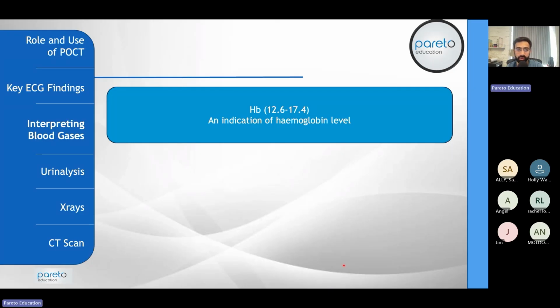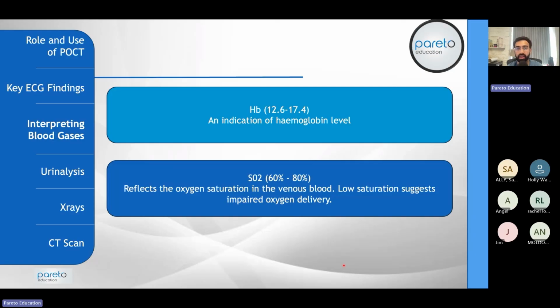Oxygen saturations always help me confirm whether a patient has had an arterial blood gas or venous blood gas. A low saturation in a normal patient normally tells us that it is a venous blood gas, whilst in a patient who is unwell, a lower saturation needs to be read with the clinical circumstance.